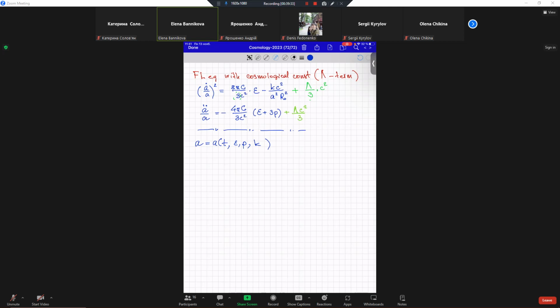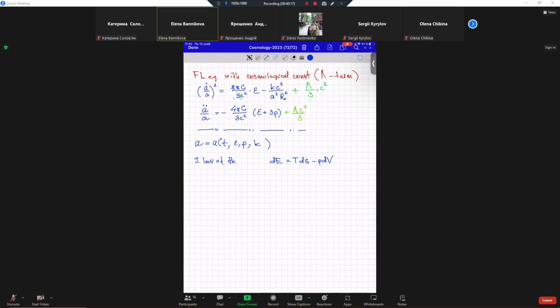So it means that we can write dE, where E is the total energy of the system, equals T dS minus P dV, where T is the temperature, S is the entropy, P is the pressure, and V is the volume.